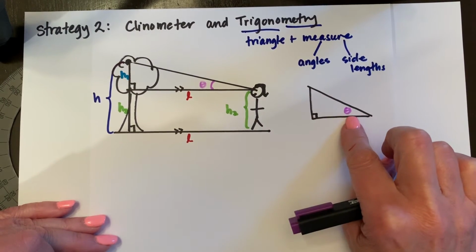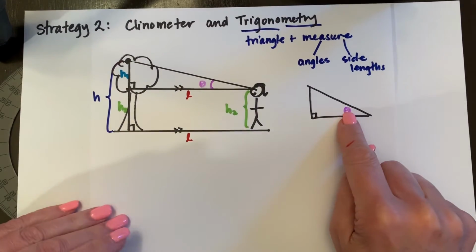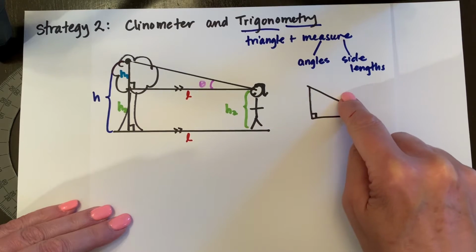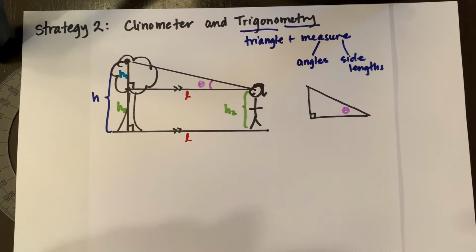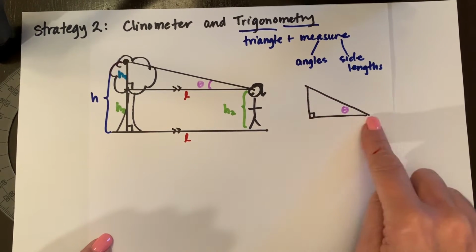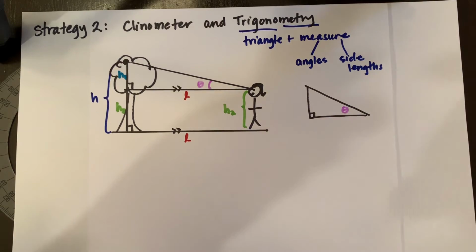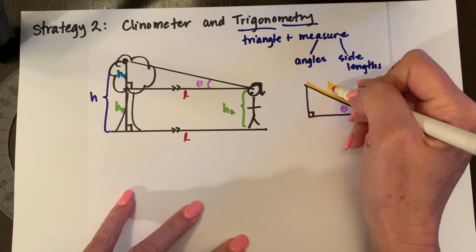So just using one angle as our reference angle, we need to be able to refer to the different sides of the triangle. Looking at these sides and relating them to our angle, we all know that every right triangle has a hypotenuse.